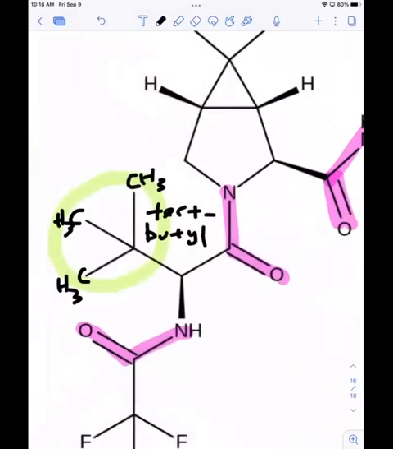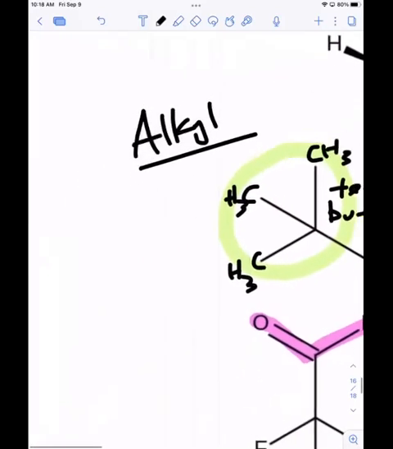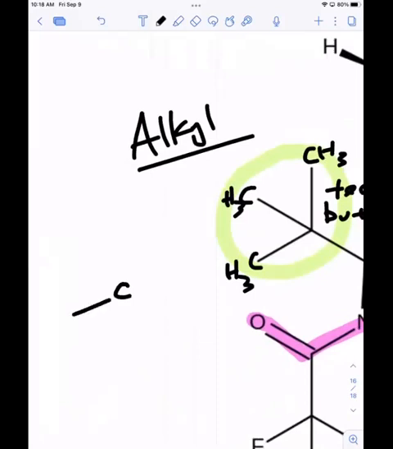I'll explain where the butyl part comes from and all that. But the generic name for it is an alkyl group, because it's all carbons and hydrogens, right? So it's an alkyl group, but the specific name is a tert butyl. It's a tert butyl because there's a carbon here. All right, so how many carbons is that total? 1, 2, 3, 4. Is that right?